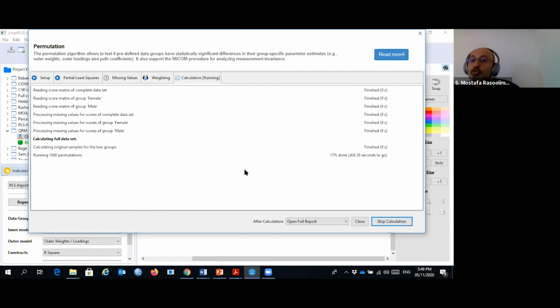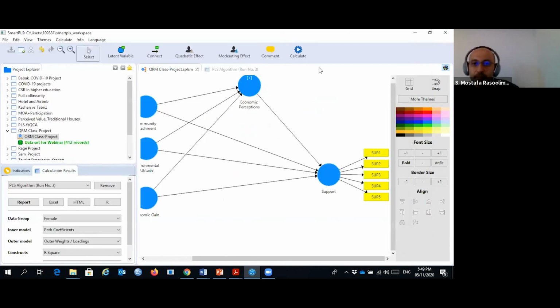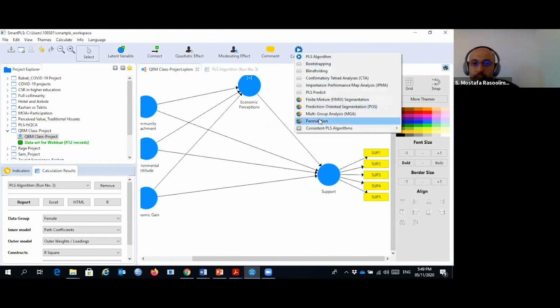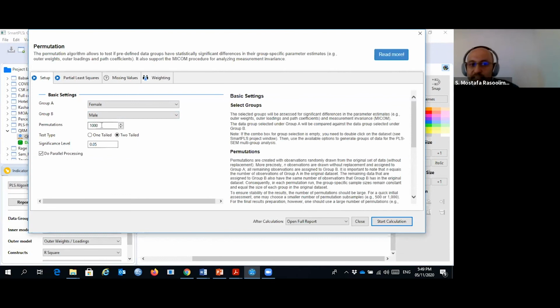You can choose the number of permutations. The literature suggests 5,000 for permutation, but I changed to 500 to get a faster result.